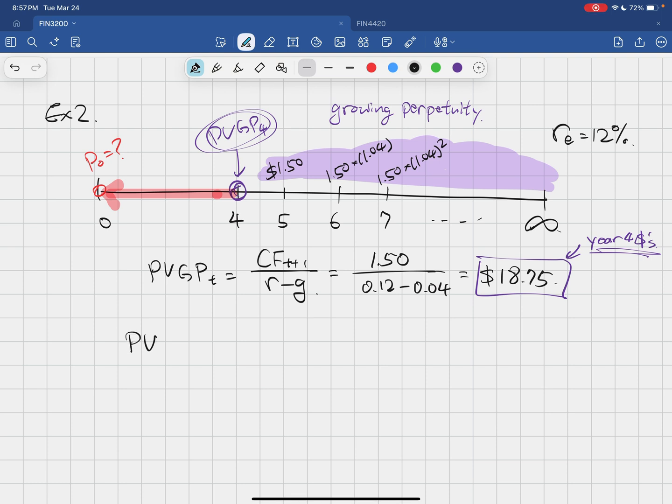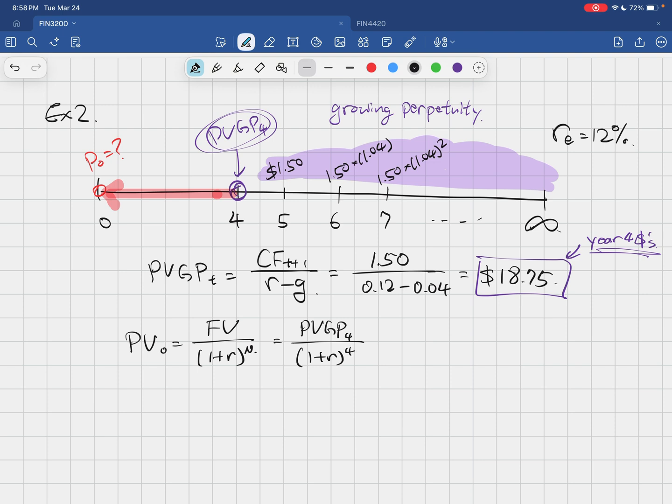So we're going to use the PV formula, which is whenever we're dealing with a one-time lump sum cash flow, we can find the present value by discounting it back to time 0 by using this formula. In this case, the future value happens to be PVGP 4, and we can do 1 plus R to the 4th power, because PVGP is in year 4.